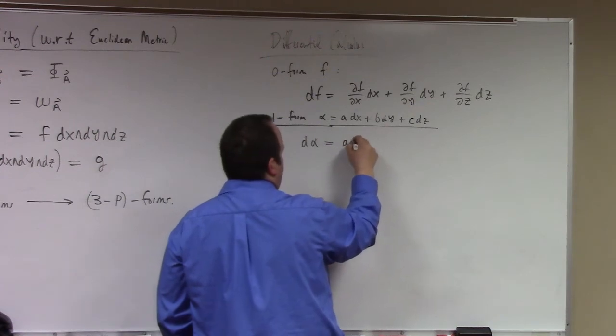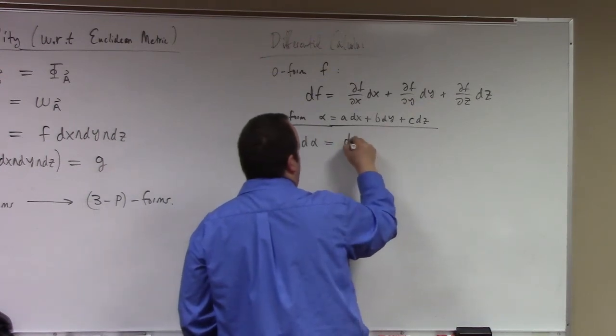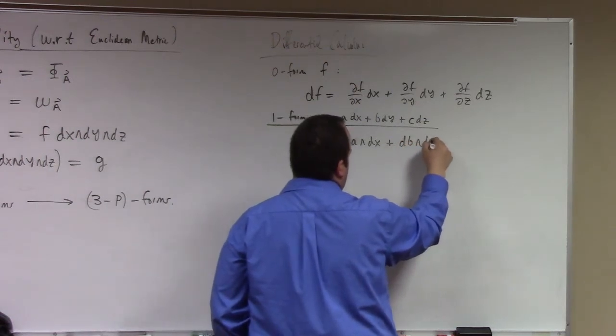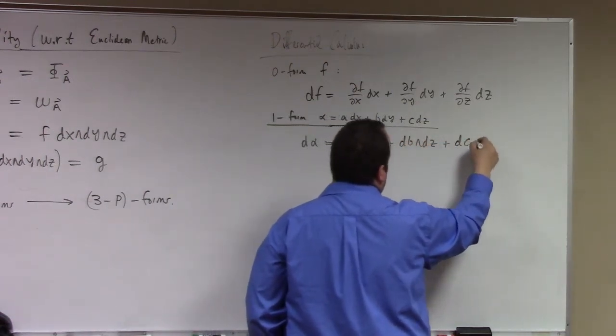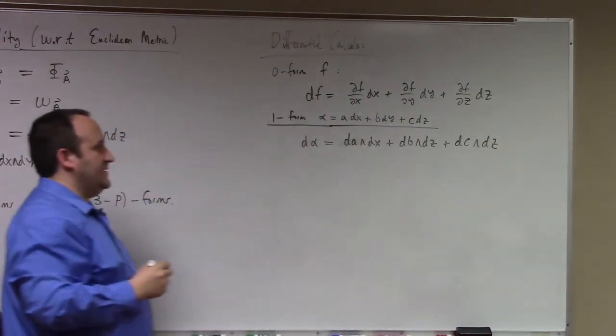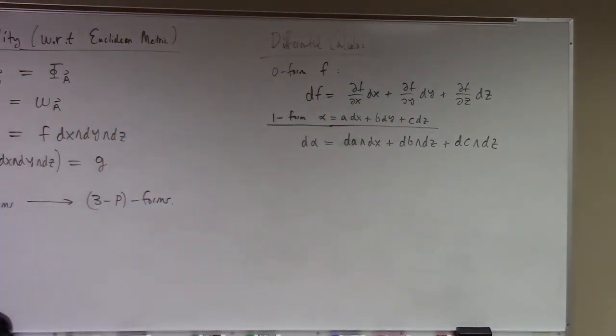Well, it is dA wedge dx plus dB wedge dy plus dC wedge dz. That's the definition of the differential of a 1 form. You take the differential of each component function and wedge it with the forms that are already there. It's pretty simple, really.